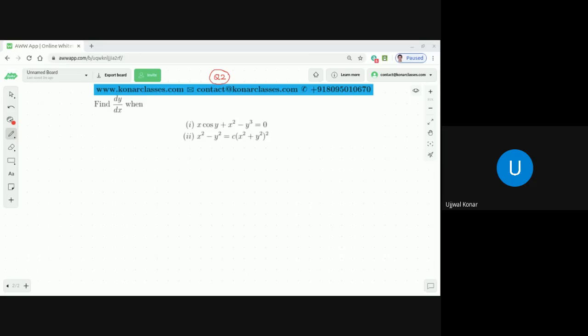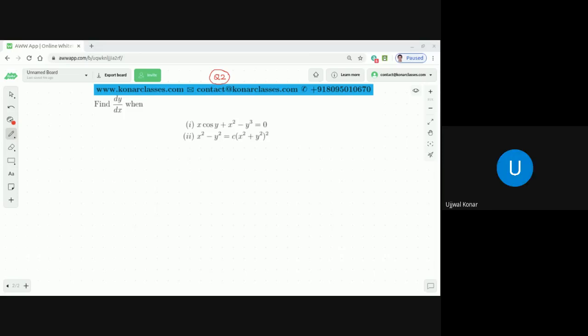Only you should think that you have done it, and we should completely understand the way we have done it. That is what is important. The answer is just a way of verifying whether it is correct or not, and then we will learn from it if there is a mistake. Yeah, tell me your answer. So I got x sin y plus 2x by 3y squared. I got cos y minus x sin y plus 2x by 3y square.